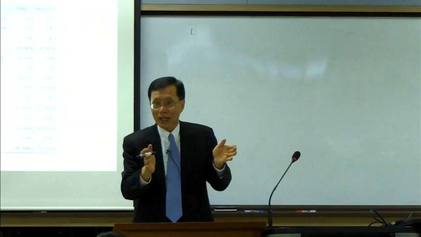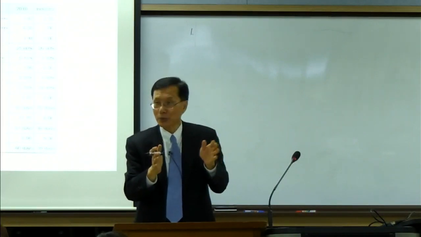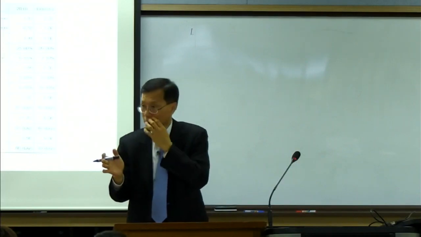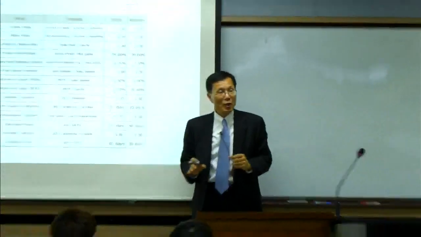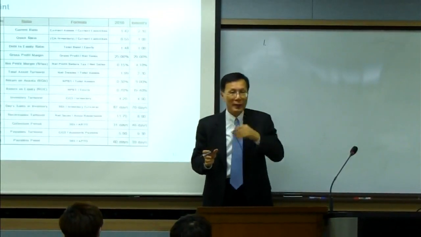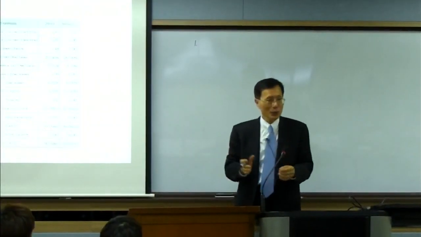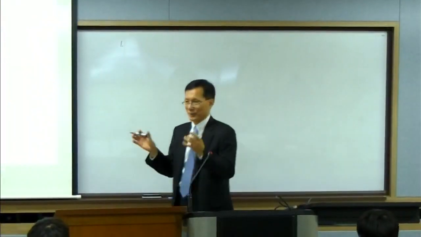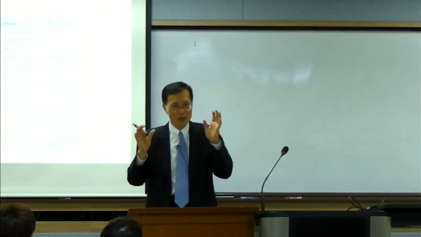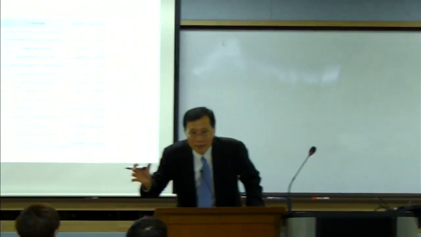So how many dollars of current assets are available to pay back $1 of current liabilities? Okay, that's $1.42 for each dollar of current liabilities. Industry average is 2.1. So is it good, bad, or terrible, or hopeless? At the count of 3, I want you to say in unison what your answer is. Okay, 1, 2, 3.